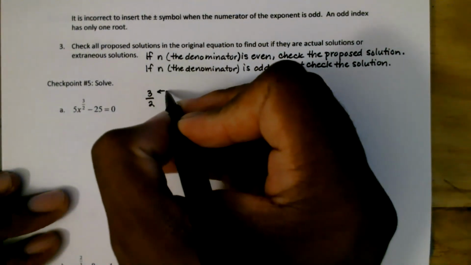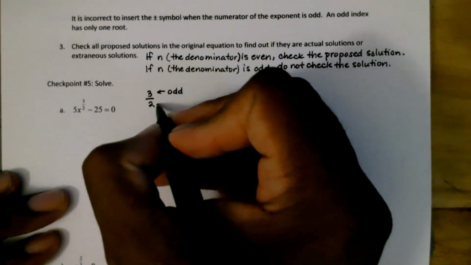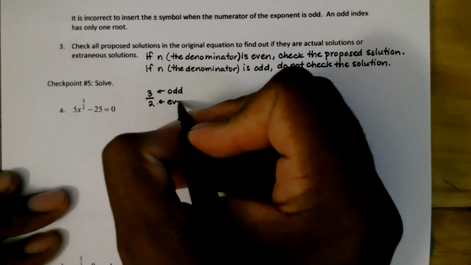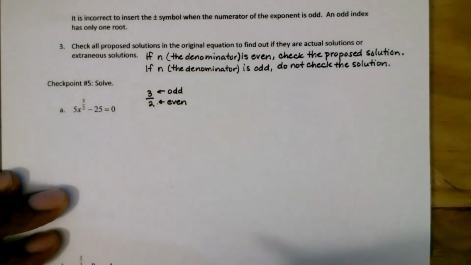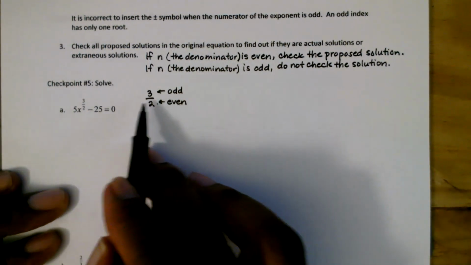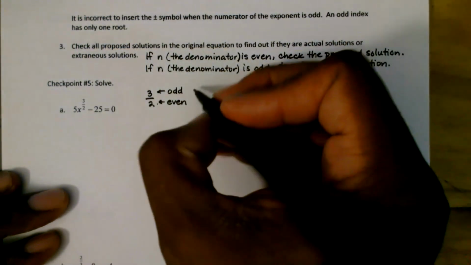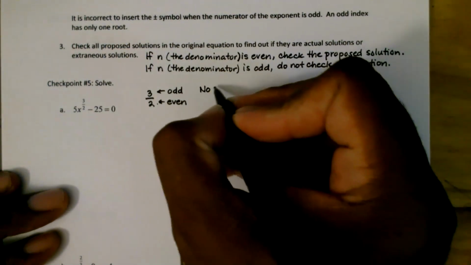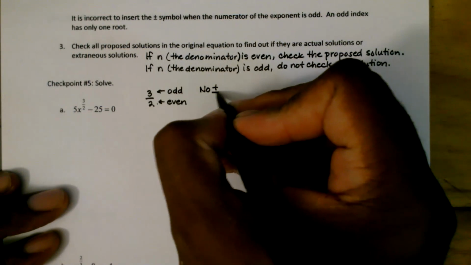The numerator, I can see, is odd. The denominator is even. And as we stated, if your m, that's your numerator, is odd, then you're not going to need the plus or minus symbol.